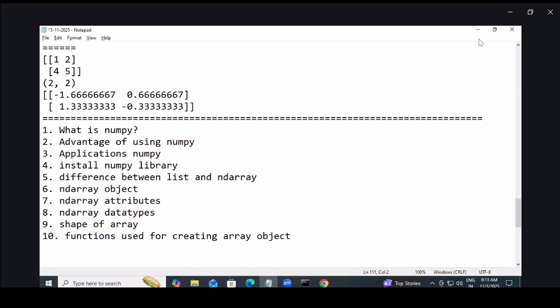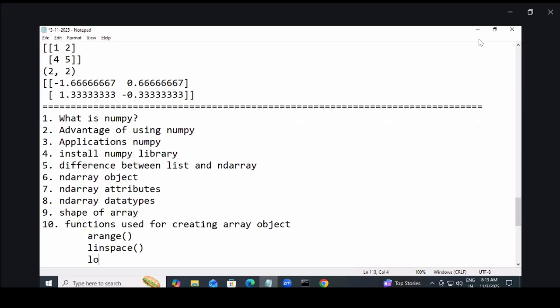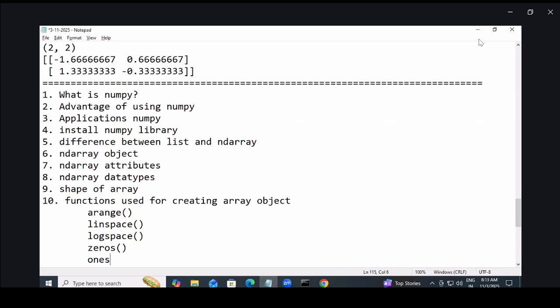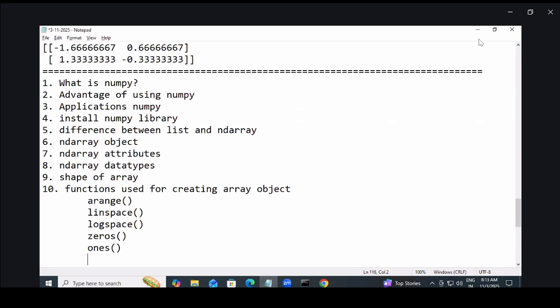We have seen so many functions. I talked about the arange function, the linspace function, the logspace function, the zeros function, the ones function, and the full function.